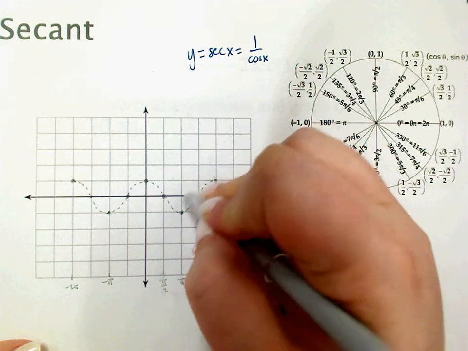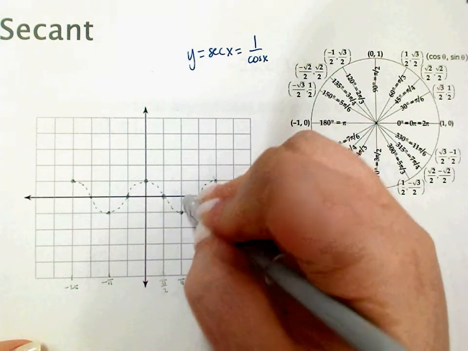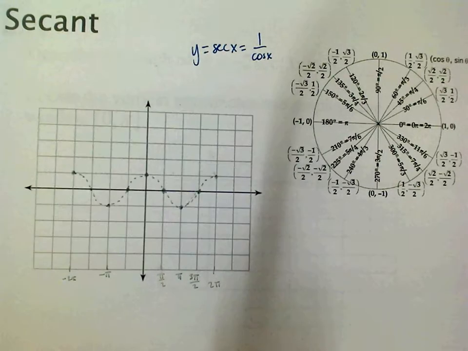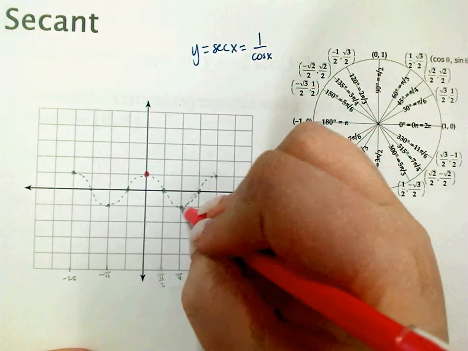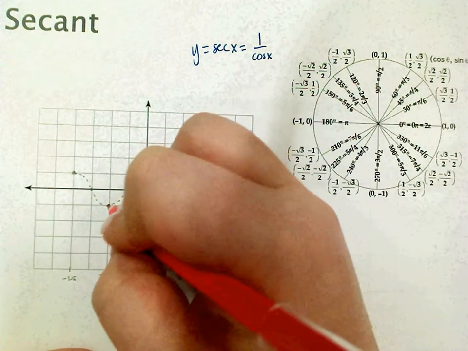In this case, it's going to split up the secant wave, which is kind of interesting. Just like any other one, every time cosine is 1, secant is 1, and when cosine is -1, secant is -1. So all of these points are repeated.